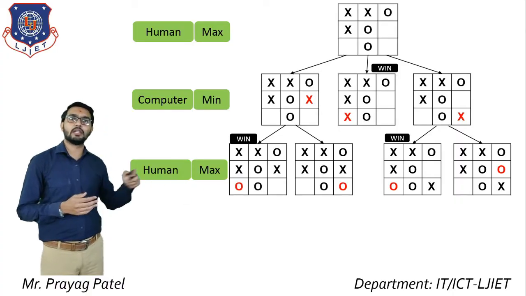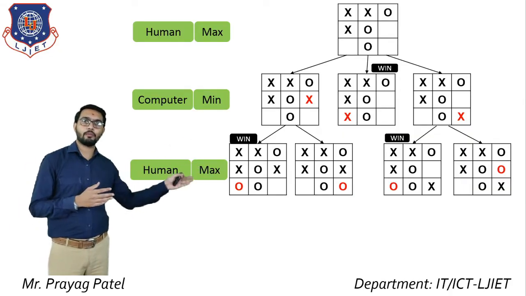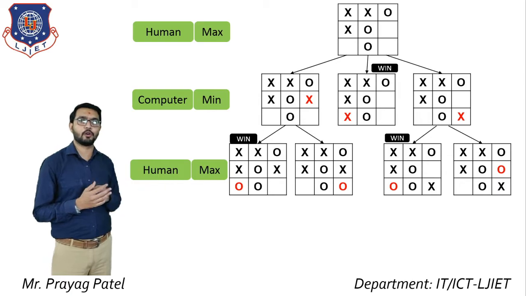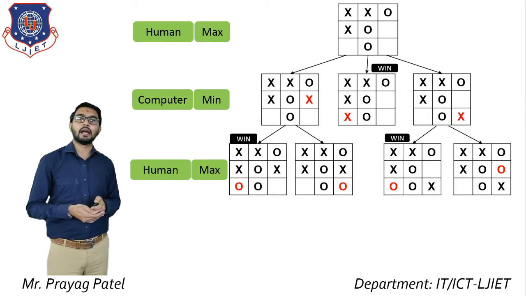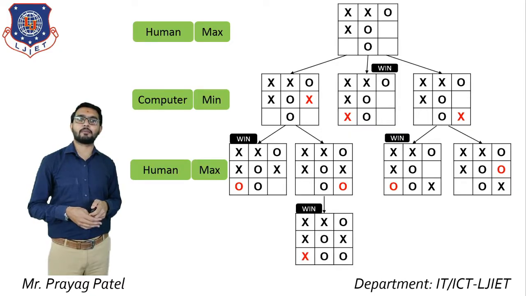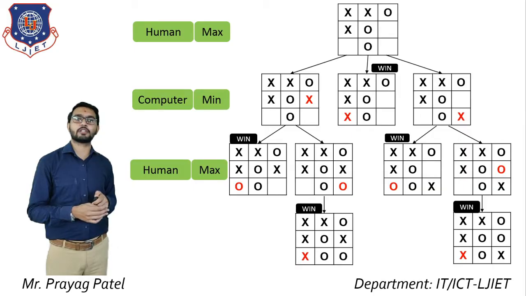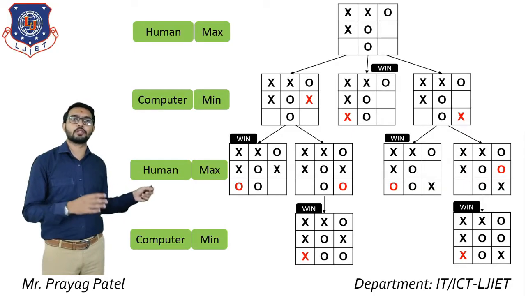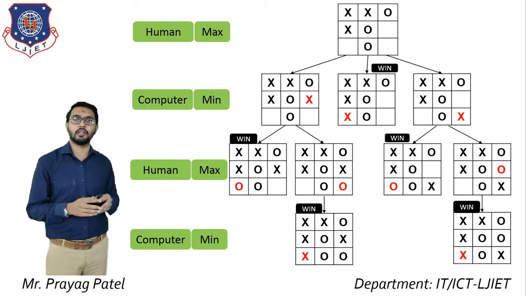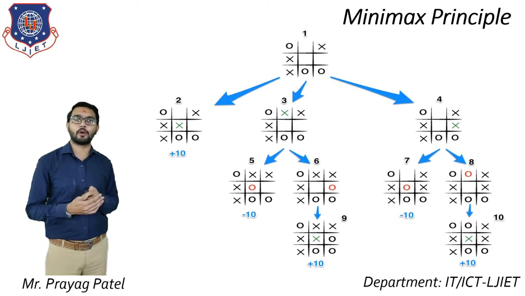In the next step, again the first possibility is winning for the human, and the second is not. After that comes the system's step, where it puts the cross in both spaces, and both situations are winning for the system. So this is an example of the minimax problem.